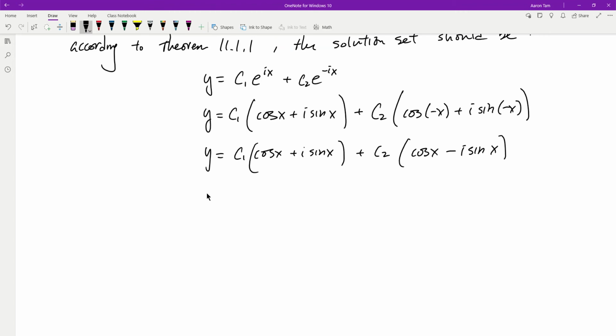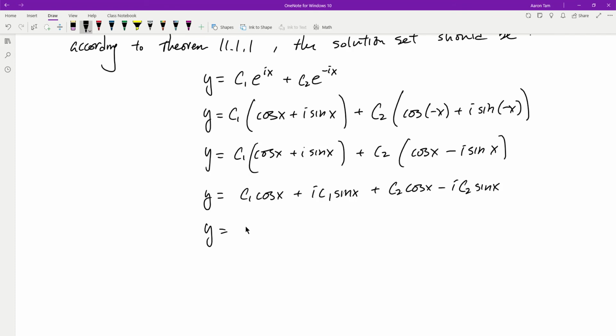So let's try. So this would equal C1 cosine x plus i C1 sine x, plus C2 cosine x minus i C2 sine x. Now if you look at this, notice there are two real terms and two imaginary terms, so I'm going to combine them together.